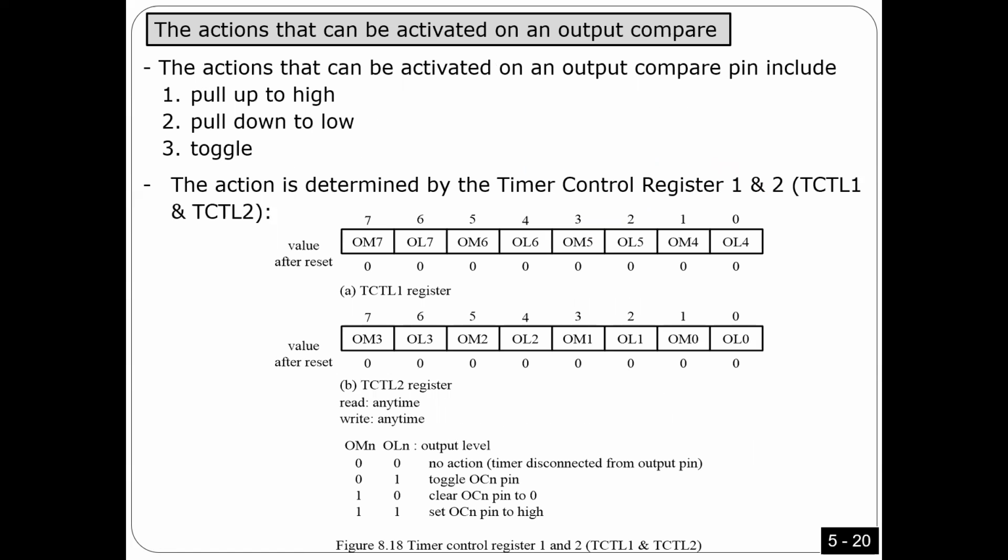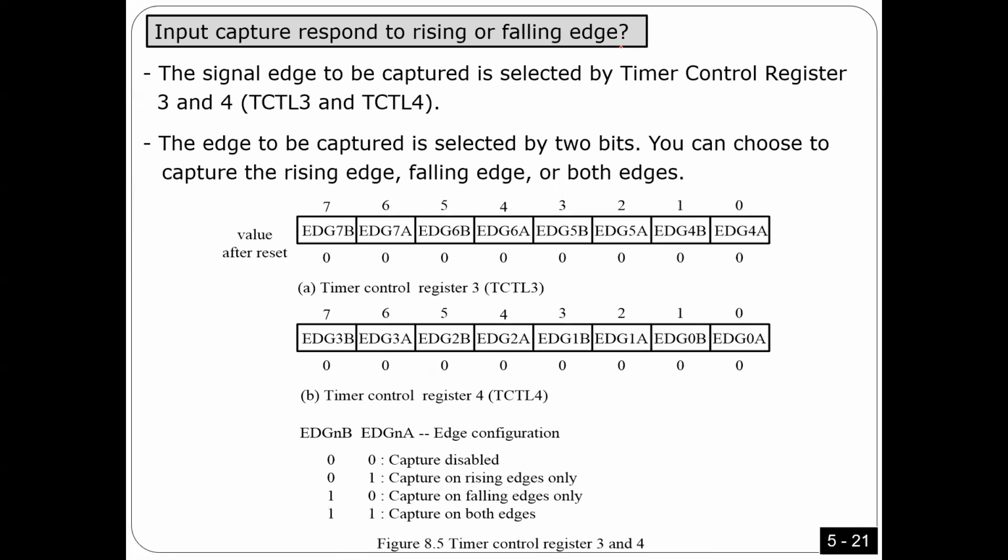What else here? Okay, only two things are left. In case of input capture, I told you when you want to trigger interrupts, we have 4 cases. I can trigger interrupts at falling, at rising, or at both, so every time there is a rising or falling. This is exactly the same thing we did in IRQ.